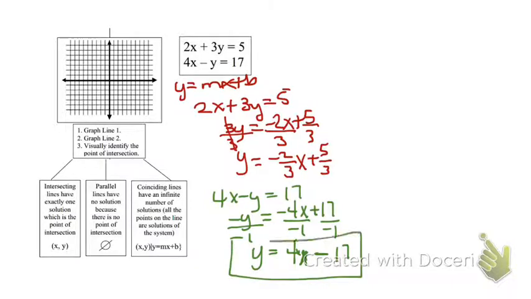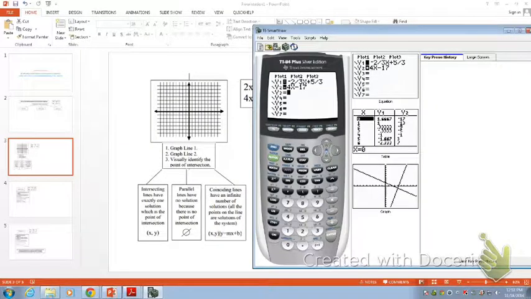So we're going to take our two equations and transfer them over to a coordinate plane. As you can see, I've put in our two equations. In y1, the first one, negative 2/3 x plus 5/3, and in y2 I've put in 4x minus 17. Now let's look at the graph.